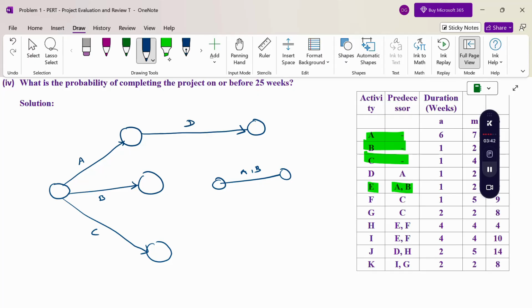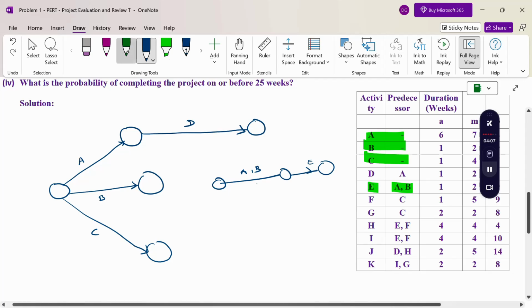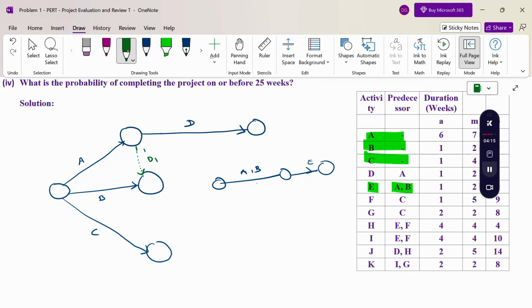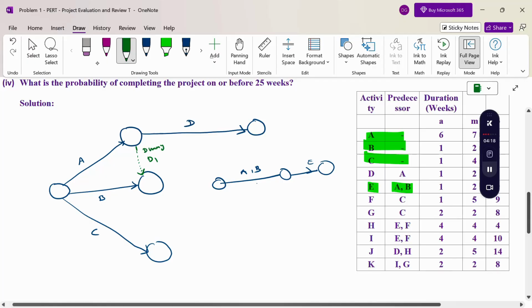Later, if any work starts from A or from B, it is difficult to start because AB are always connected as one work. Therefore in this situation we use one dummy connection, D1.